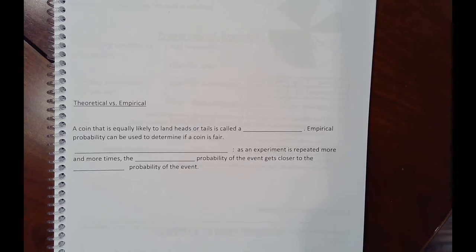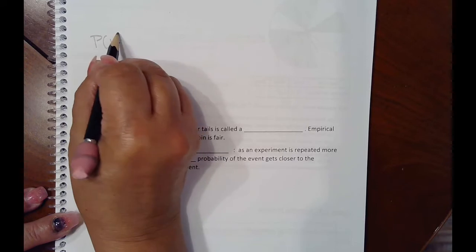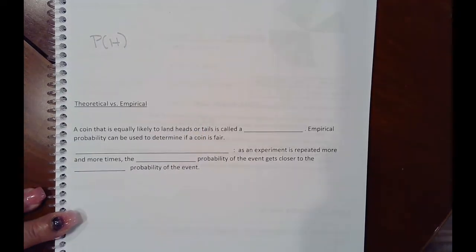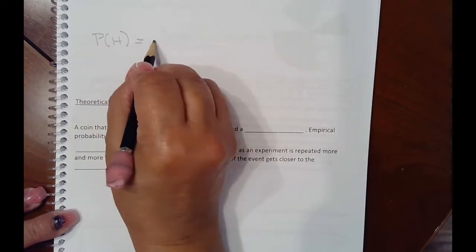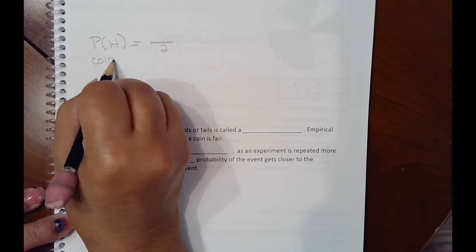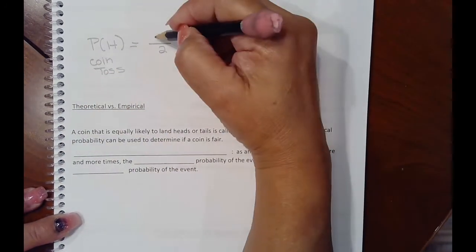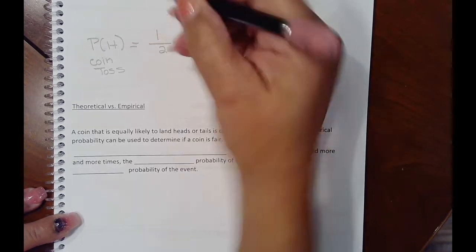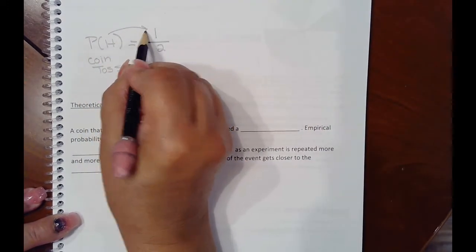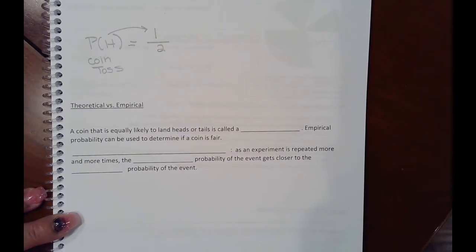If I just ask you, what is the probability of tossing a coin and making it land heads up? Well, there are 2 possible faces on a coin, and only one of them is the desired outcome of the head. 1 out of 2 outcomes has the picture of the head on it.